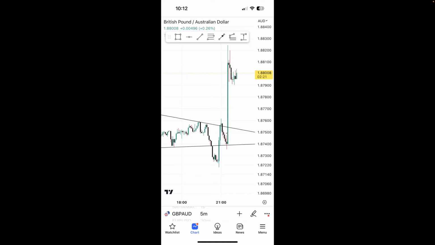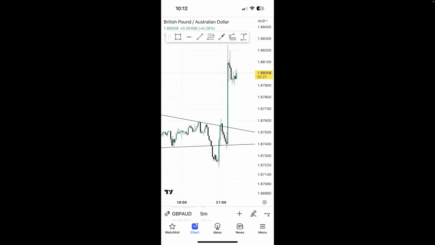So when the news release comes out, and this particular trade was at 9:30 at night, your trade will only open if your level is tapped. They would have to literally take price to that level, and you can look to the right and see it's right around 1.87500. So if your buy order was at 1.87500, that's where your order would be kicked in. You would only be activated once price goes to that level.